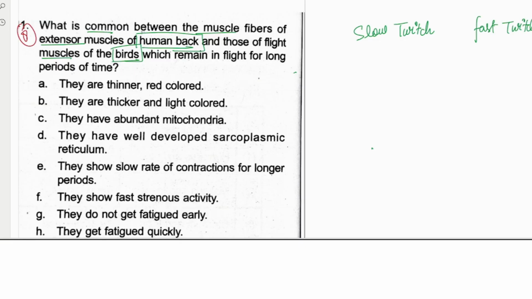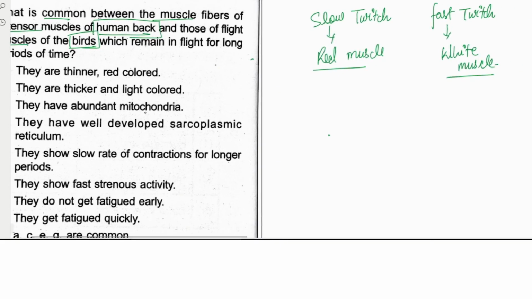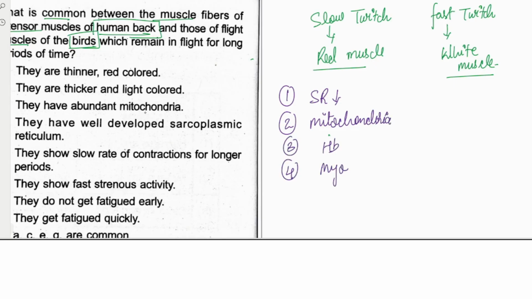Slow twitch is also known as the red muscle or red fibers, while the fast twitch muscle is also known as the white muscle fiber. Based on this information, let us see the basic difference between the two. In the red muscle fiber, sarcoplasmic reticulum would be low, and the other things like the mitochondria, hemoglobin and myoglobin are actually high.